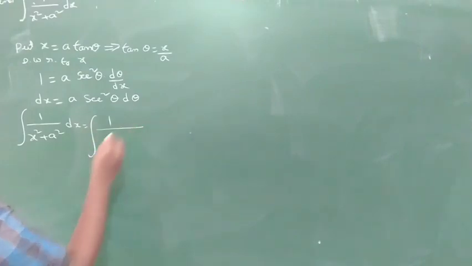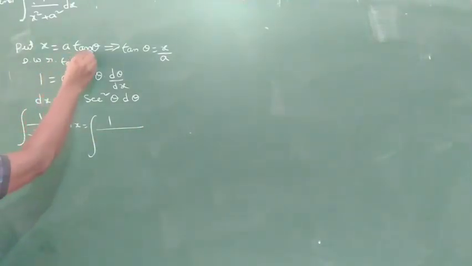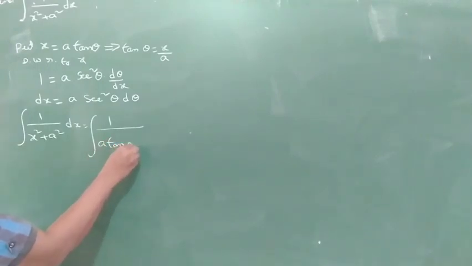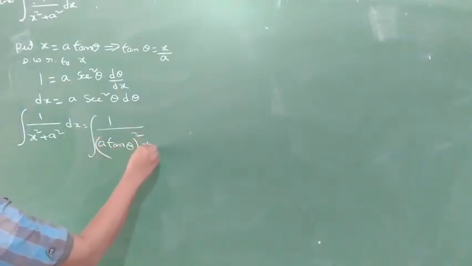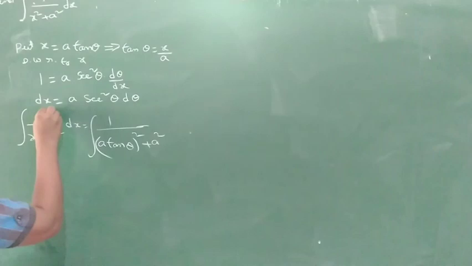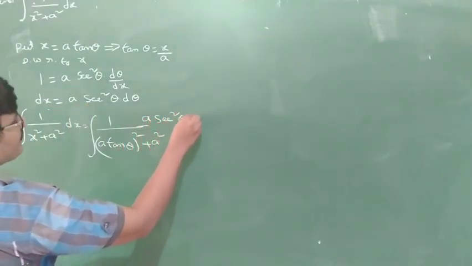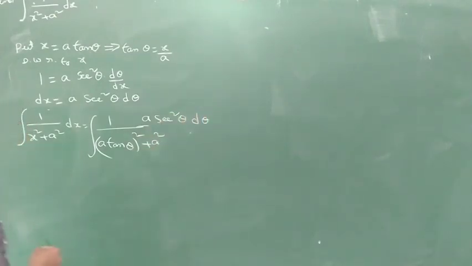So integral 1 by x square plus a square dx is equal to integral 1 by, what is x, x is equal to a tan theta whole square plus a square, and dx is equal to a into secant square theta d theta.